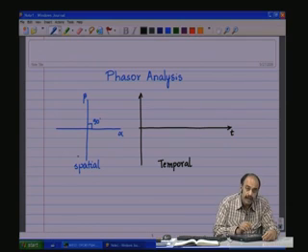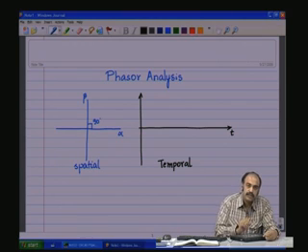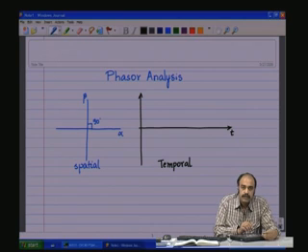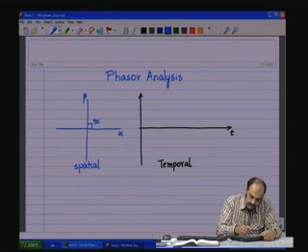Now, we have to map the temporal wave shape, that is the wave shape that is evolving with time, into the spatial coordinates, and then we obtain the space vectors or the space phasors. So, let us take a sine wave.